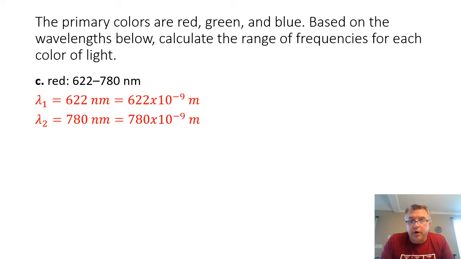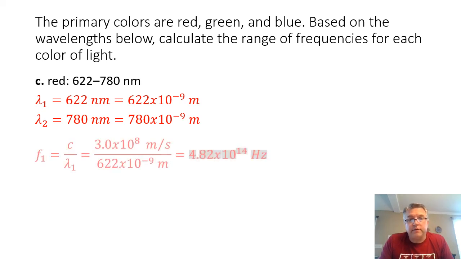So again, we're going to convert both of those to meters, and to find the frequency for the lower end of my red range of the electromagnetic spectrum, I'm going to take my speed of light, 3.0 times 10 to the 8th meters per second, divide that by 622 times 10 to the minus ninth meters. That will give me a frequency of 4.82 times 10 to the 14th hertz.